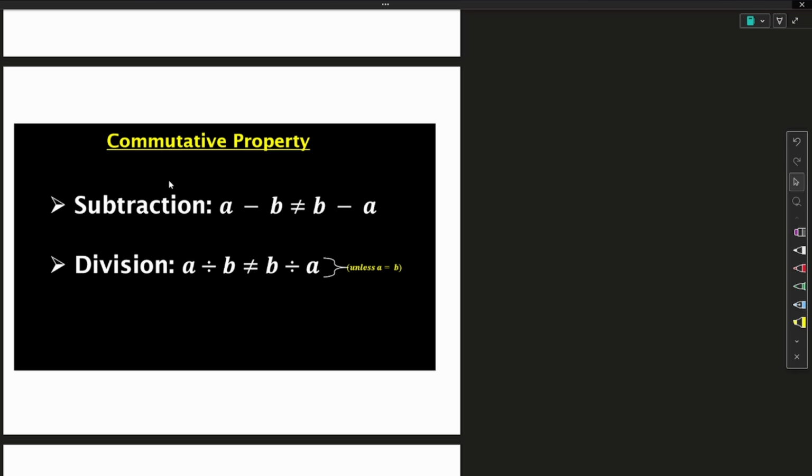For subtraction, A minus B is not equal to B minus A. For example, we have 9 minus 3 is not equal to 3 minus 9, because 9 minus 3 is 6 and 3 minus 9 is minus 6.